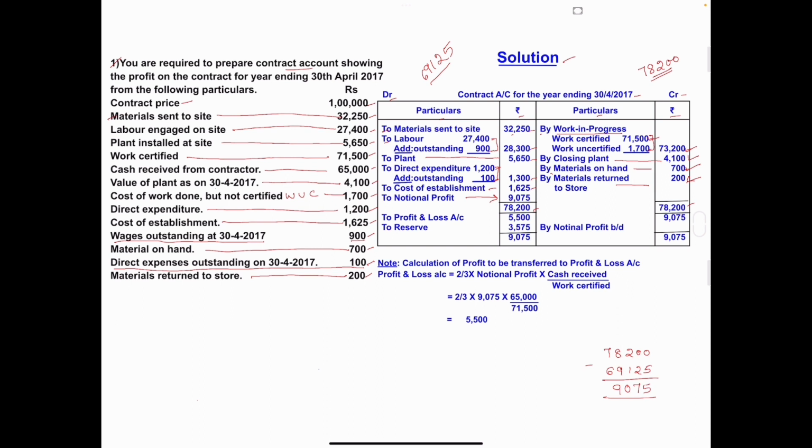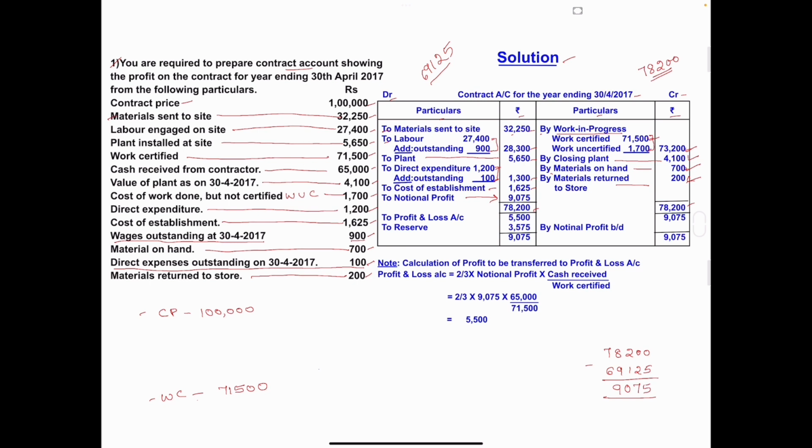So the contract price is how much? 1 lakh, correct? And the work certified amount is 71,500. These two items are very important because on the basis of these two items, we will calculate the amount of profit to be transferred to profit and loss account.